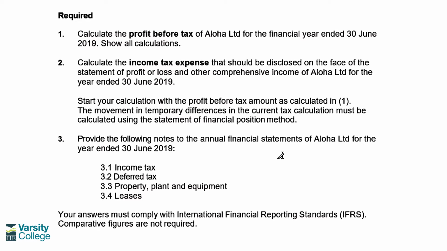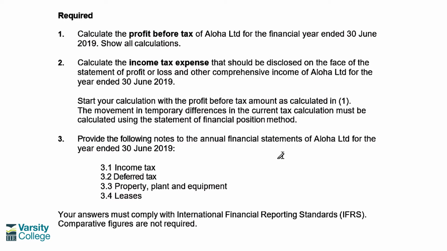The third part is your disclosure. Now that's the part which is a little bit more tricky because you've got to think about exactly what is required in that disclosure, and your presentation and format is going to be important. But the upside when you get down to part 3 of the question is that part 1 and part 2 will already give you a lot of the figures that you actually need for part 3.